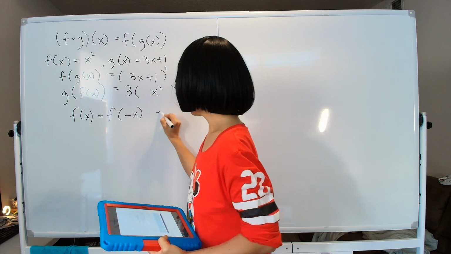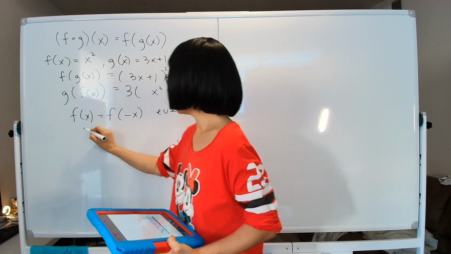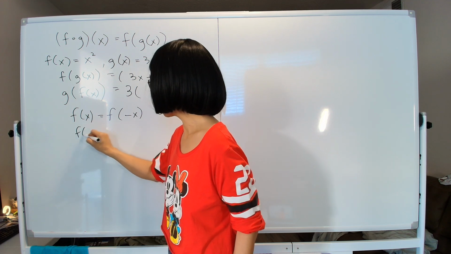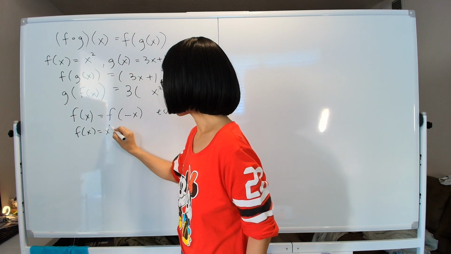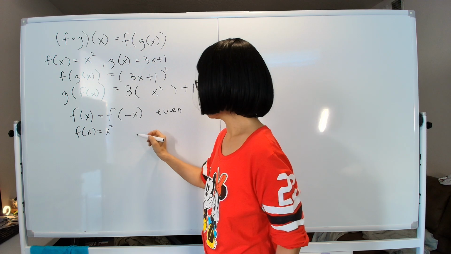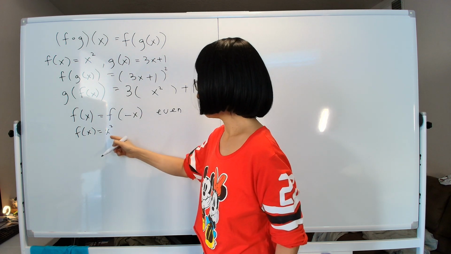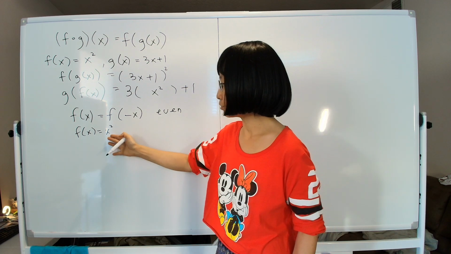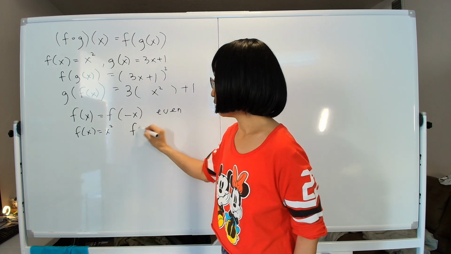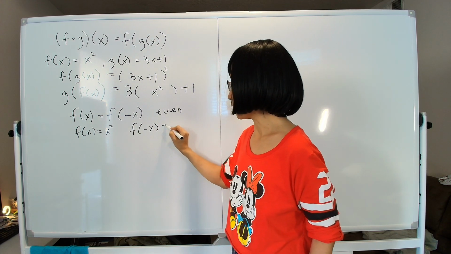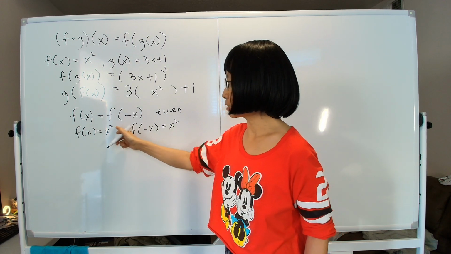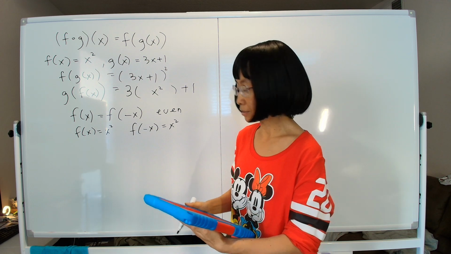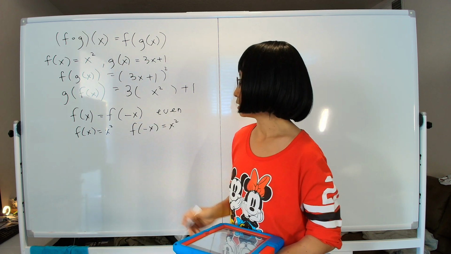The most obvious example is f of x equal to x squared. Being that it's being squared, it doesn't matter: f of 2 is 4, f of negative 2 is also 4. So f of a negative x is going to be the same because the squaring will cancel out the negative. Anytime the negative gets canceled out, it is considered even.